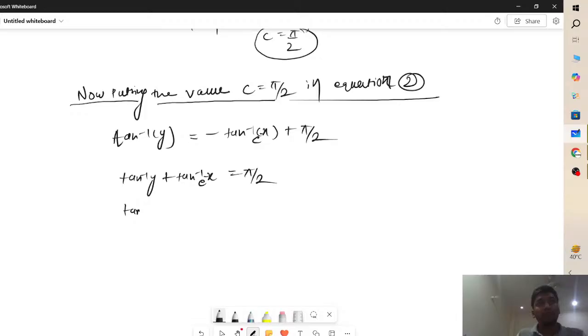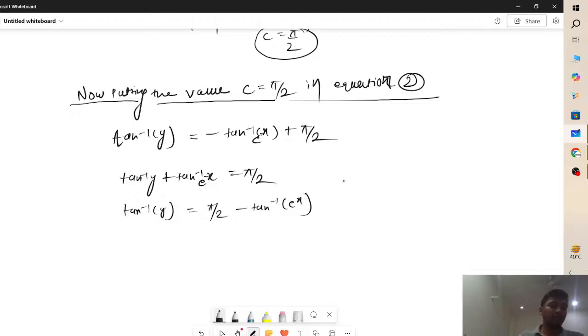Tan inverse y can be written as pi by 2 minus tan inverse e raised to the power x.